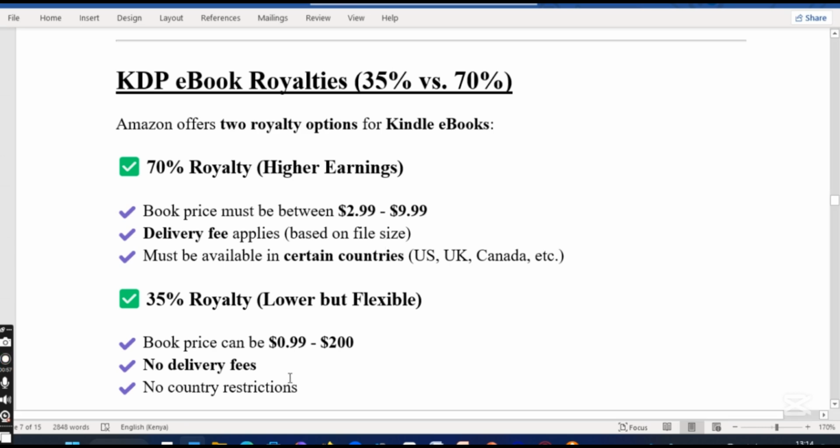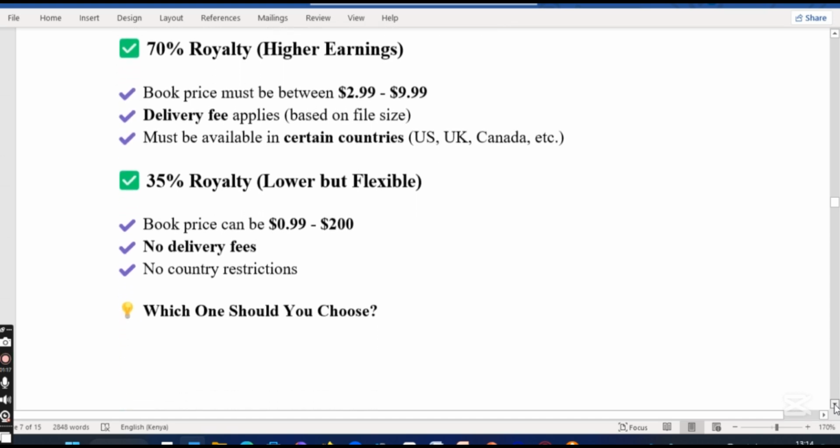Then for the 35%, which is lower but flexible, the book price is between $0.99 all the way to $200. So your book will either fall on the 70% or on the 35%, depending on the price which you've put.